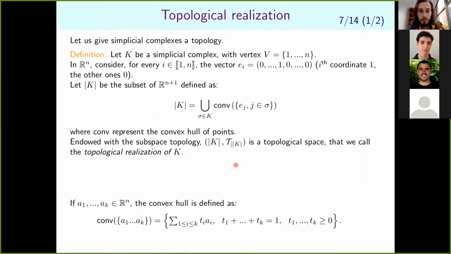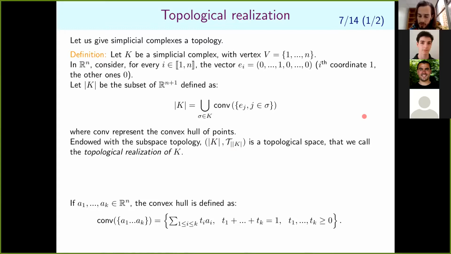And I will call this subset the topological realization of my simplicial complex, K, where I endow this subset of Rn with the subspace topology. Okay, so thanks to this definition, I am allowed to go from an abstract simplicial complex to a topological space.